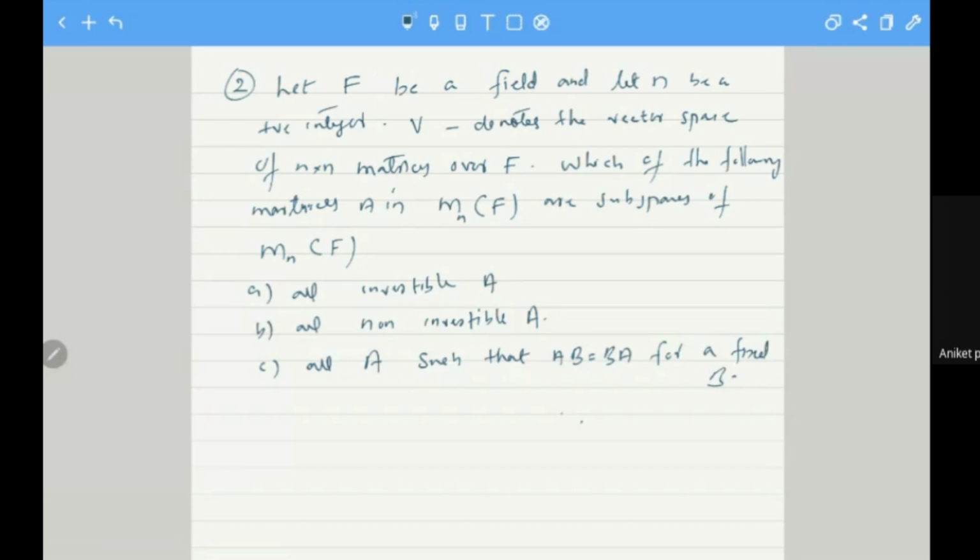Which means all A such that A square equal to A.